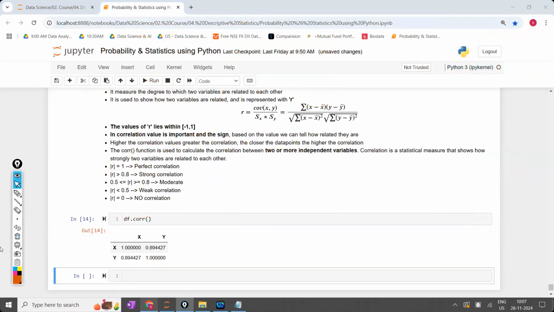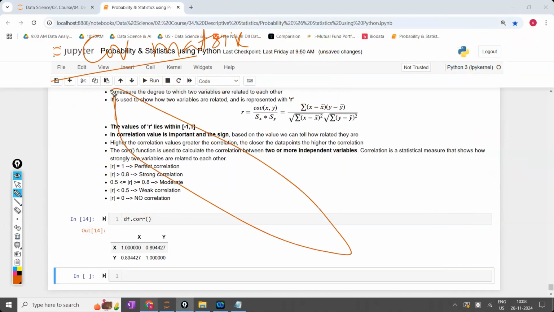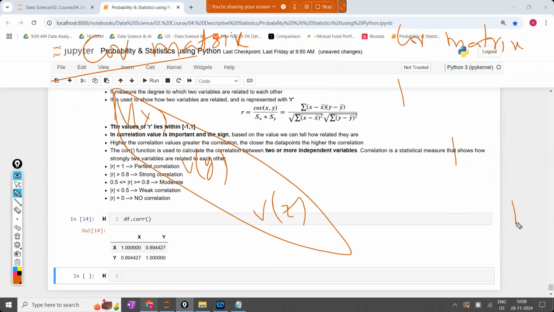So what is the difference between the covariance matrix and the correlation matrix? Within the covariance matrix, the diagonal values are going to be the variance of x, variance of y, variance of z, like this. In the correlation matrix, the diagonal values will always be 1.